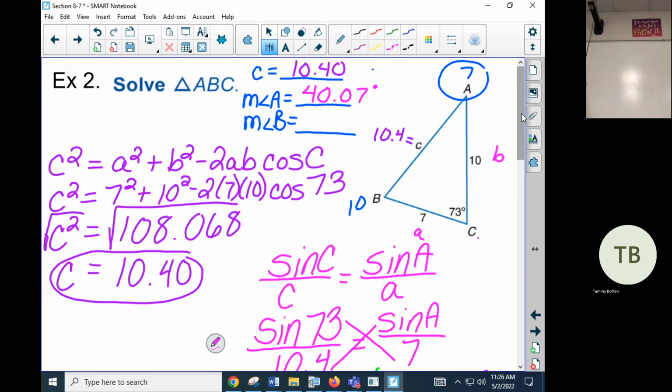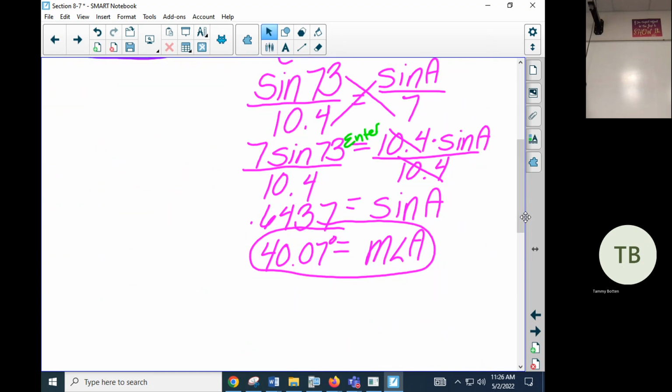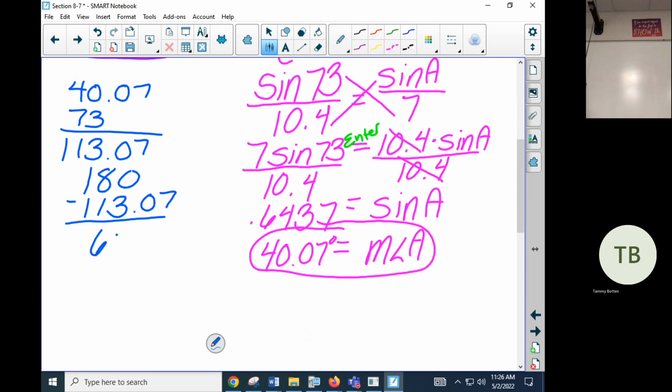Now we know two of our angles. To find the third angle, you can just add these two together and subtract from 180. So 40.07 plus 73 is 113.07, and then you subtract that from 180, and we get 66.93 degrees.